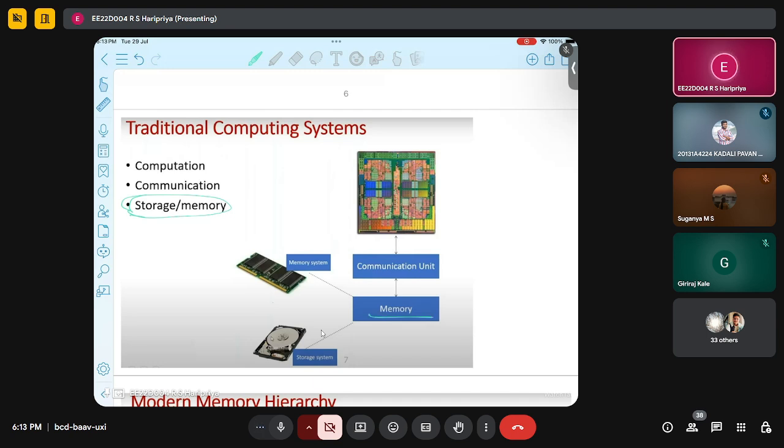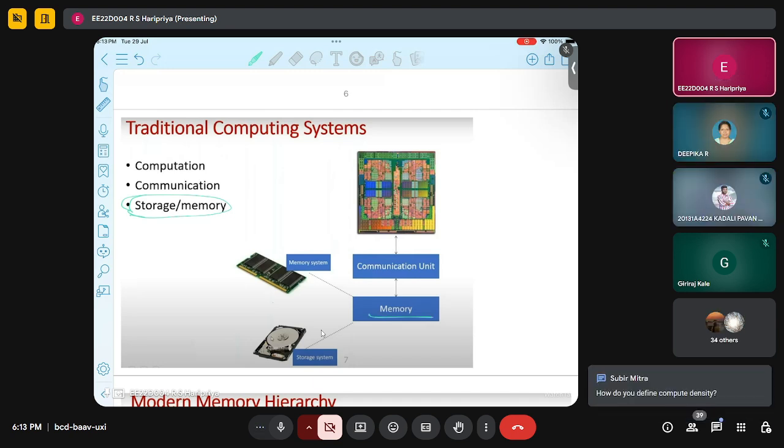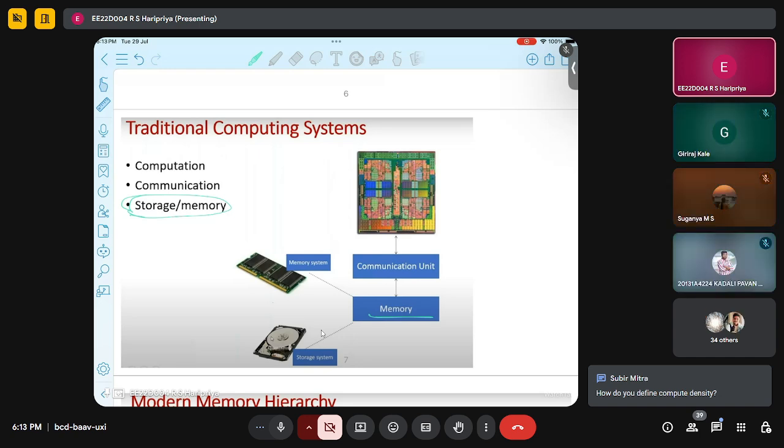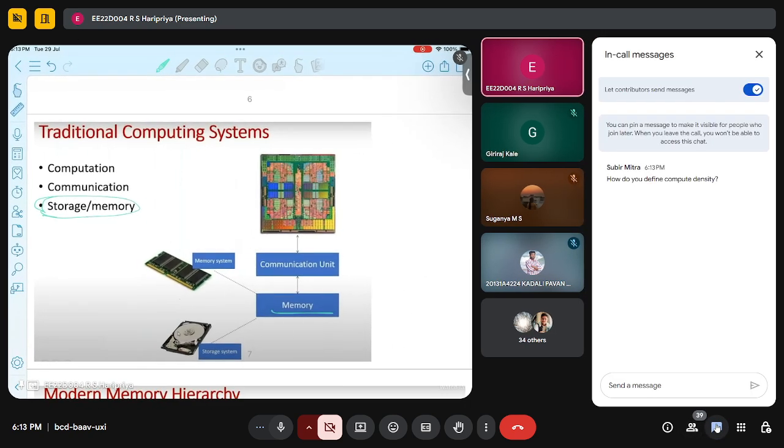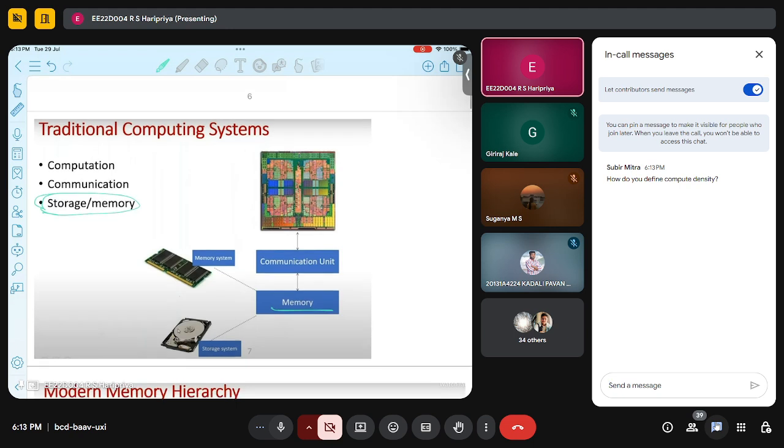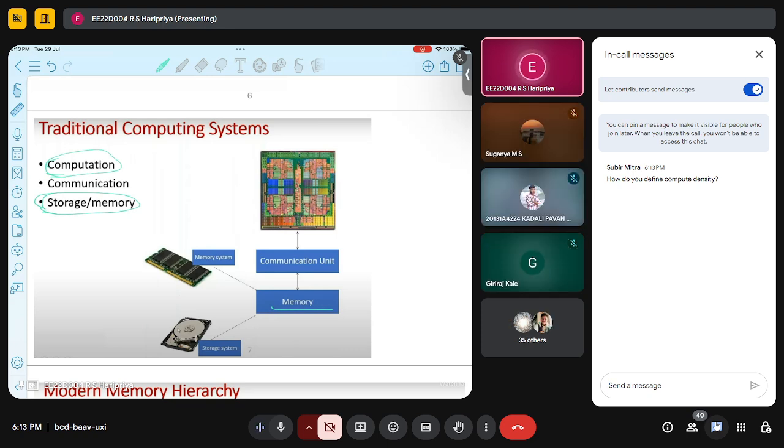For storage, we have memory, and we have a computational unit and a communication unit between the memory and the computation unit.